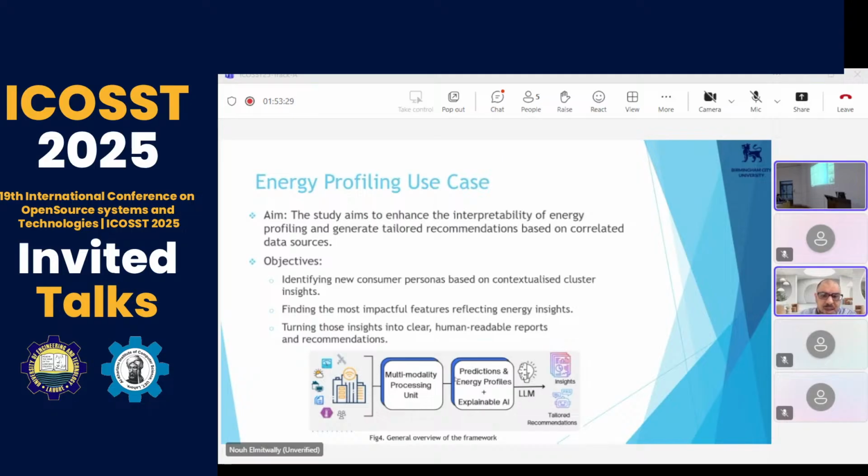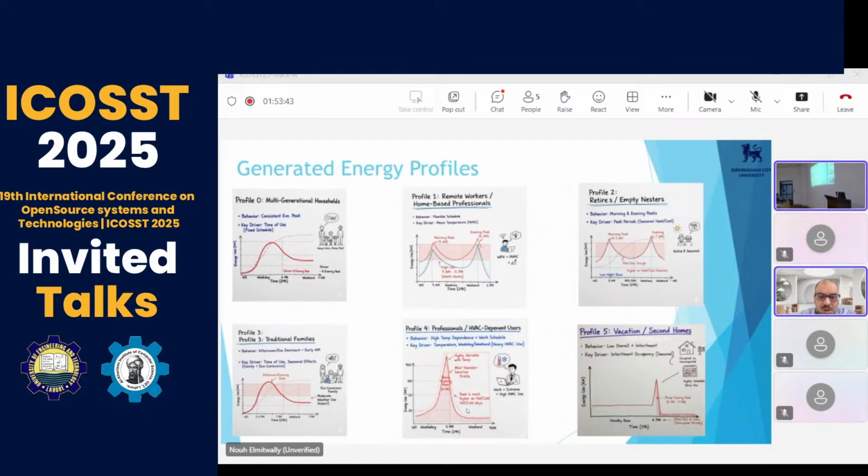Our specific aim for this case study in energy profiling technology and project was to make energy consumption data more understandable and generate personalized recommendations. This slide visually shows the different energy profiles we've generated, showcasing how different user behaviors and external factors influence energy consumption.